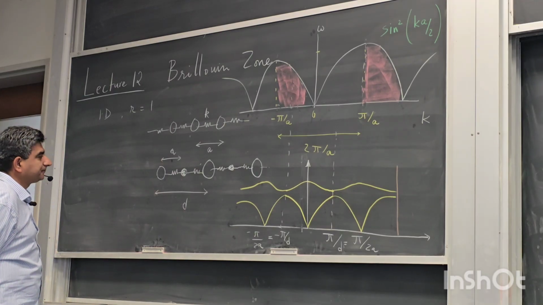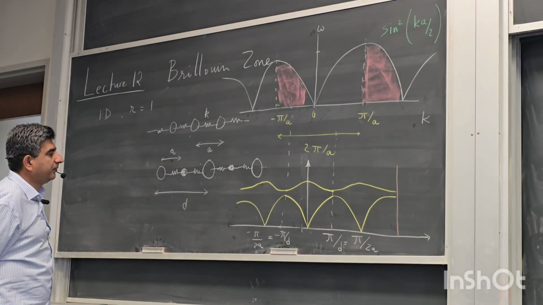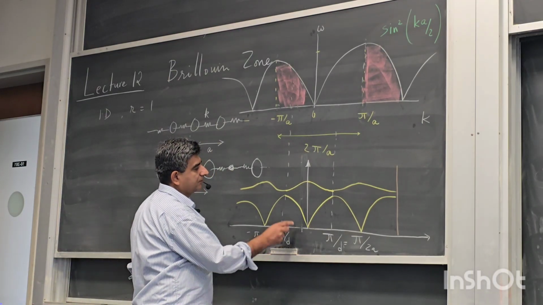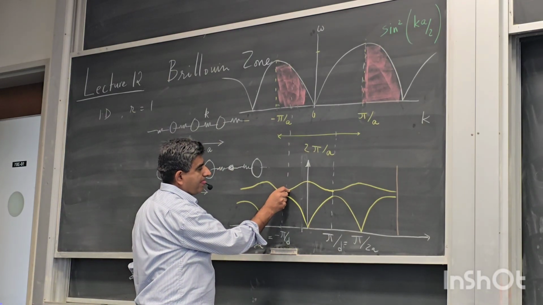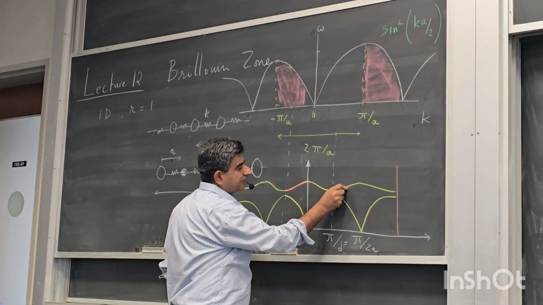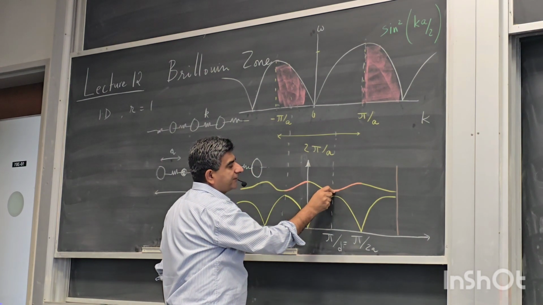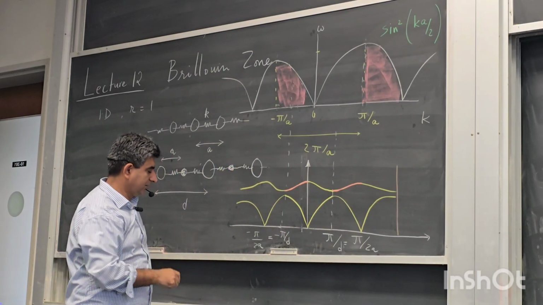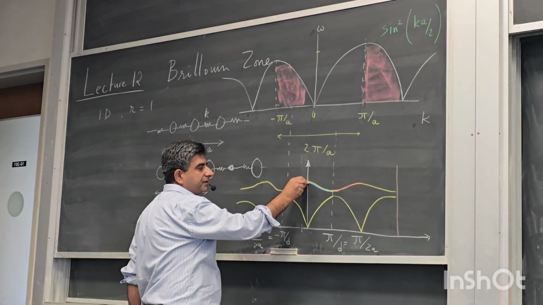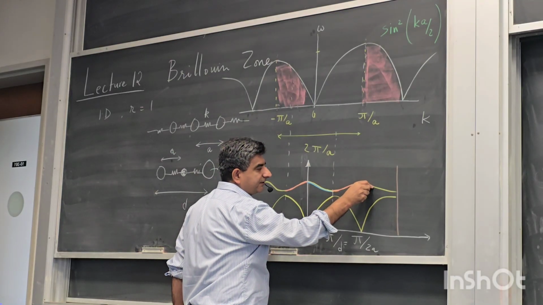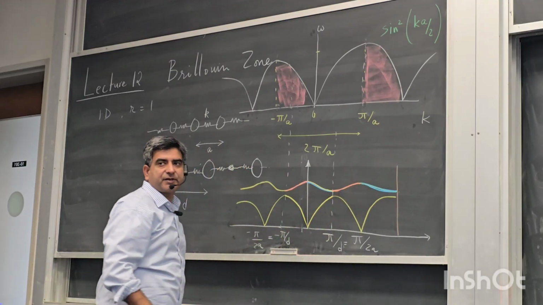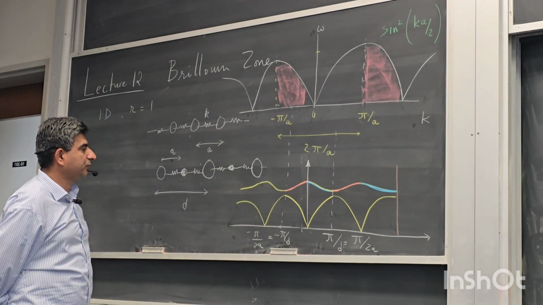If I were to take this branch, I could take this branch, and this branch is totally equivalent to this section of the branch. This section of the branch is just the same as this section of the branch because they are only related by translations inside the reciprocal space.